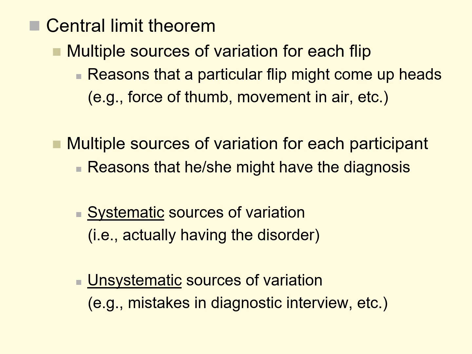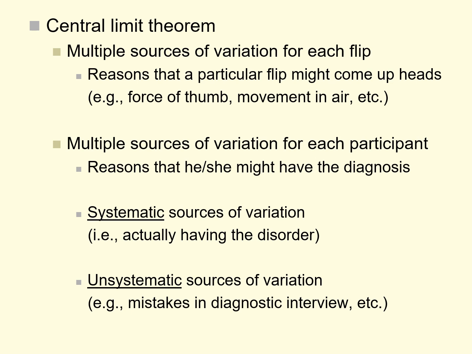Now, in the case of diagnosis, some of those sources of variation are going to be systematic, particularly whether or not that person really does have the disorder, whereas other sources of variation are going to be unsystematic. There could be mistakes that the interviewer made when conducting that particular interview to make the diagnosis. There could be misunderstandings or confusion on the part of the client or participant in terms of how he or she responded to the questions.